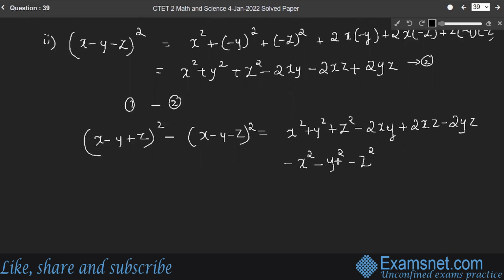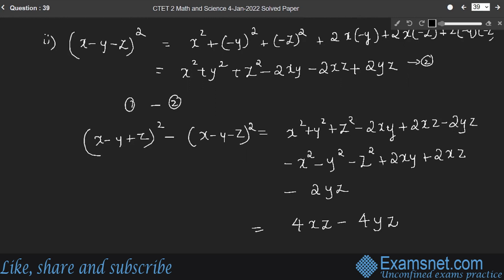So minus of minus is plus 2xy, minus of minus is plus 2xz, minus of plus is minus 2yz. So x square minus x square 0, y square minus y square 0, z square minus z square 0, minus 2xy plus 2xy 0, plus 2xz plus 2xz, that is 4xz, minus 2yz minus 2yz, that is minus 4yz.